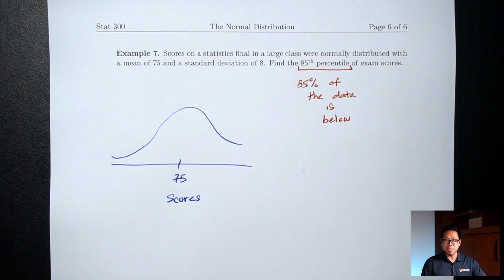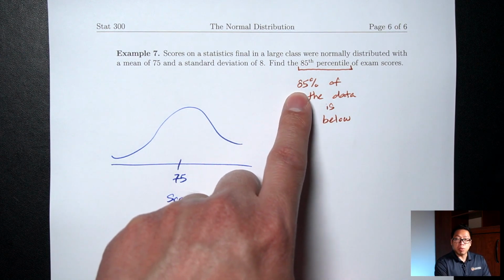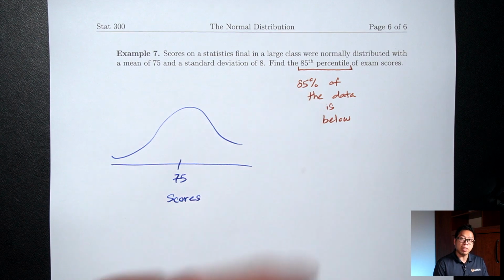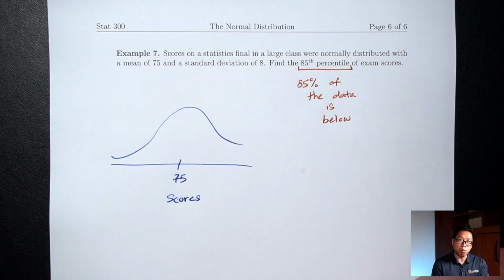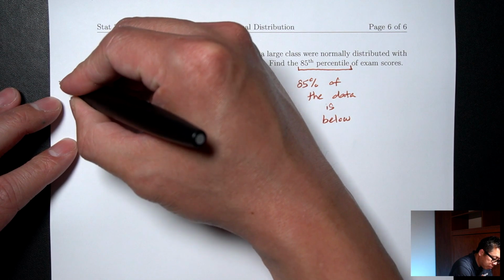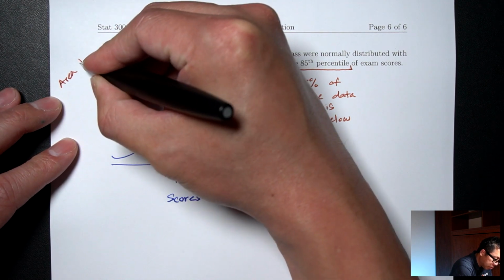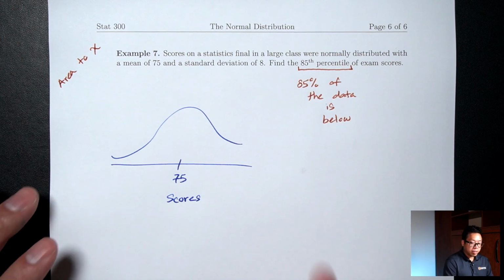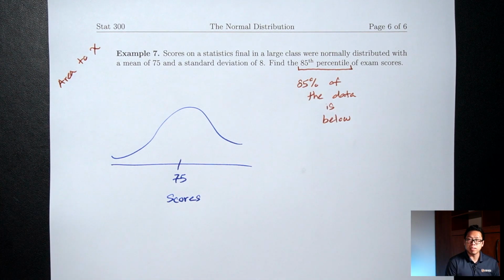Percentile means percent that's below. So right off the bat, I'm giving you a percent, an area. So this would have to be an area to x, because you're starting with an area.